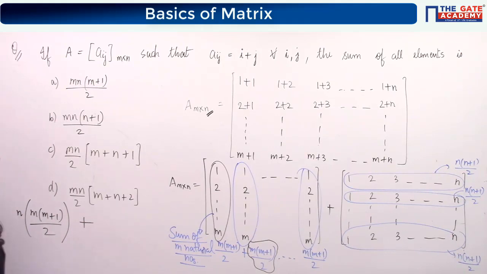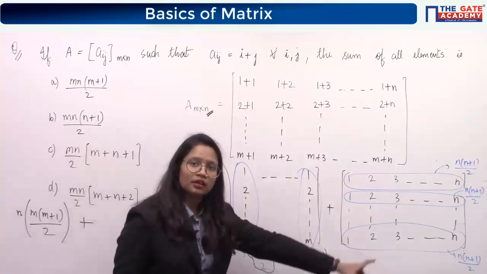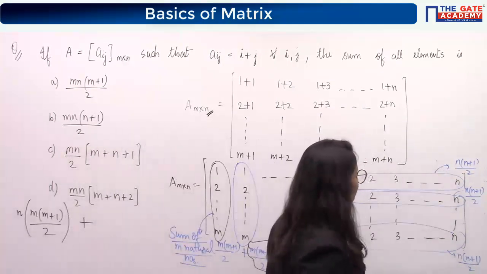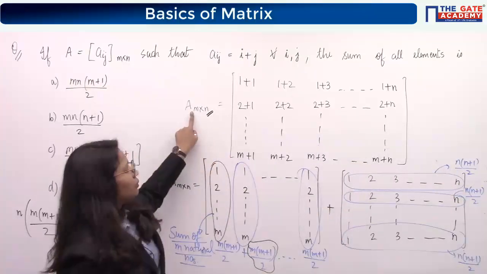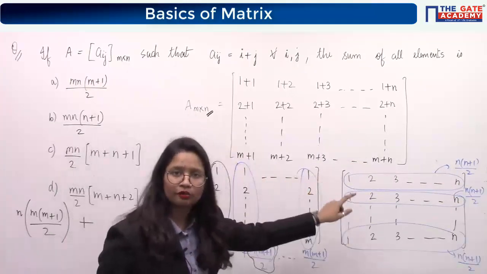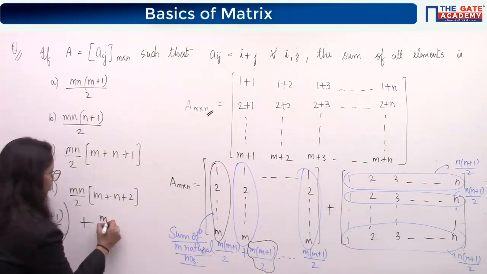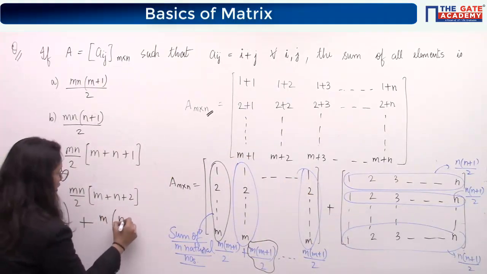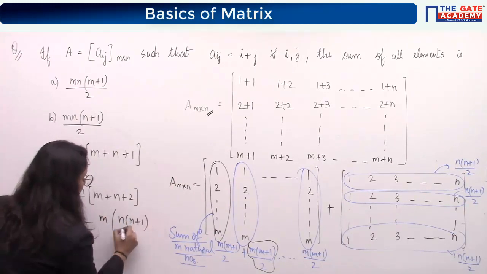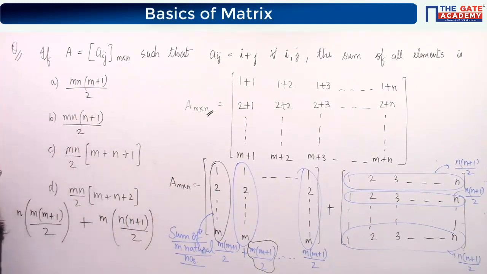And similarly for the second matrix, this particular sum is repeating m times because there are m number of rows. So I can write this as m into n plus 1 by 2. Simplify this.